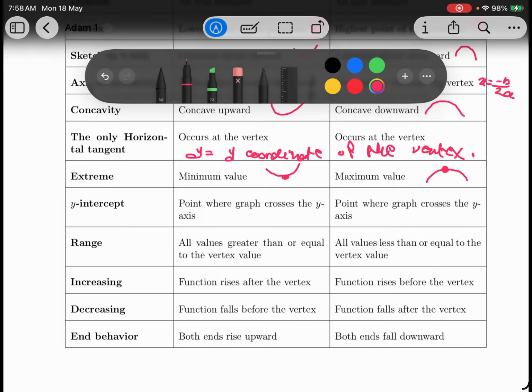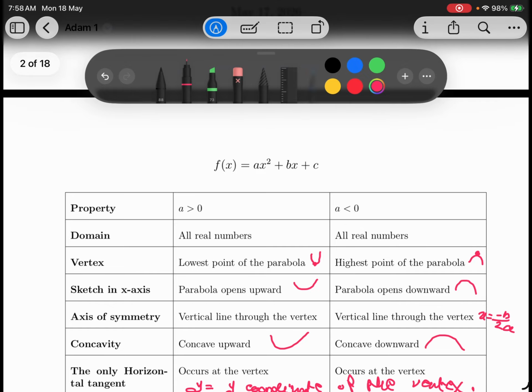And the y-intercept is (0, c), and this is obvious. If you plug in 0 for x, then the only survivor will be this c. So (0, c) is the y-intercept, which is the point where this parabola passes through the y-axis.